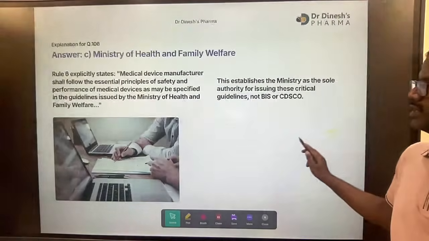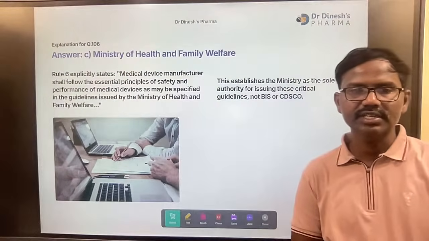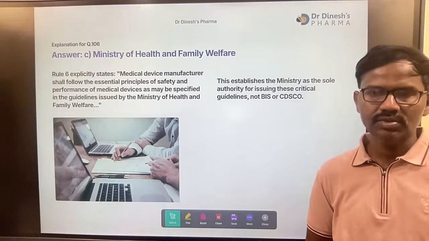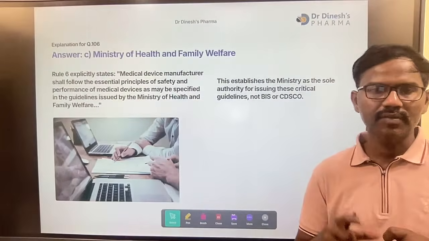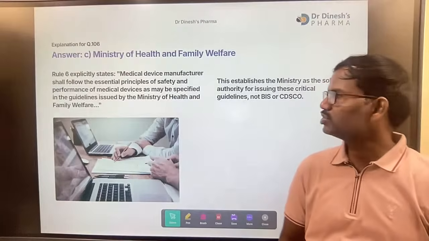Okay, so the right answer is Ministry of Health and Family Welfare. This is the boss of the CDSCO. Okay, so this will be controlling the CDSCO, right? So they will issue the guidelines. Okay, so these people will report to the Minister of Health and Family Welfare, and they will issue the guidelines.